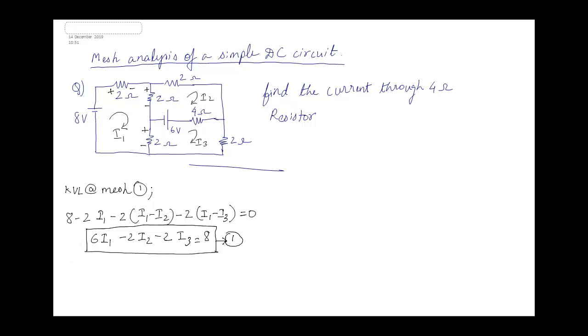So again, for this current I2 I will write, since it is going from this direction, so it is plus, minus here, plus, minus here, plus, minus here. So KVL at mesh 2 will be, so let's start from, let's say from here.